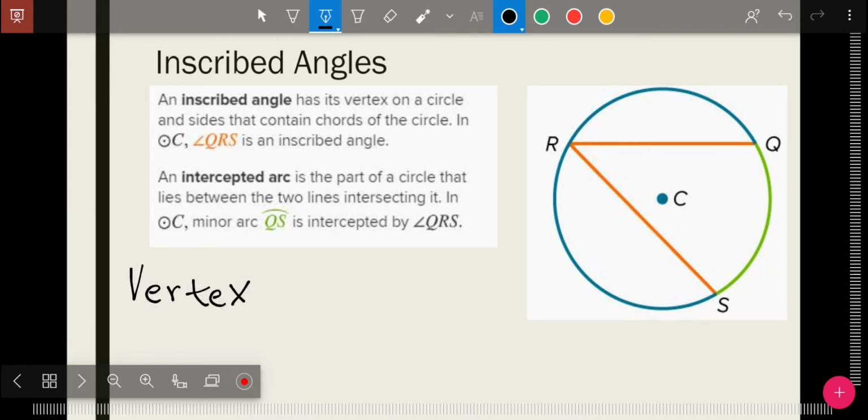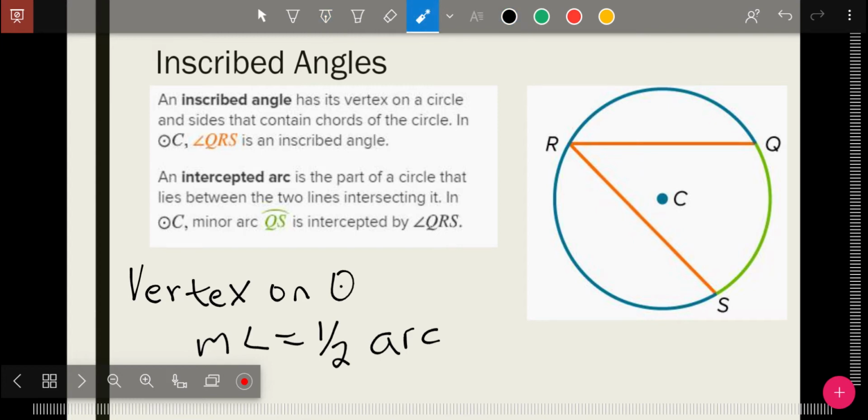And when the vertex is on the circle, the measure of the angle is equal to half the intercepted arc. And so this arc QS is the intercepted arc.